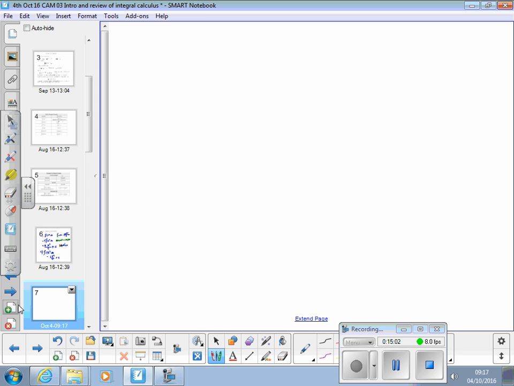What about the integral of, I'll change that, that's the one on the next page, the integral of 6 dx. How do we deal with that one, do you think?